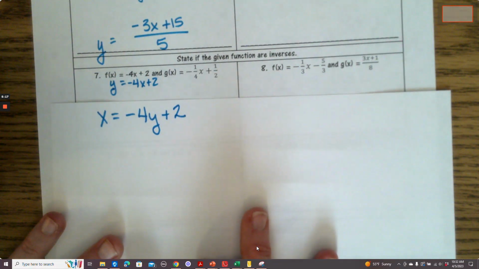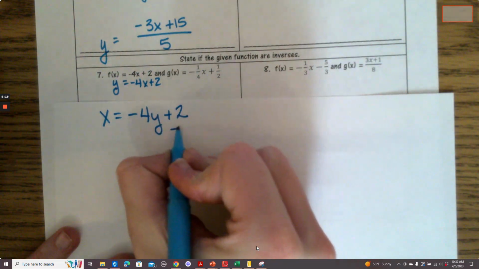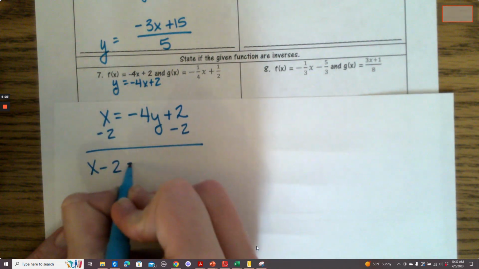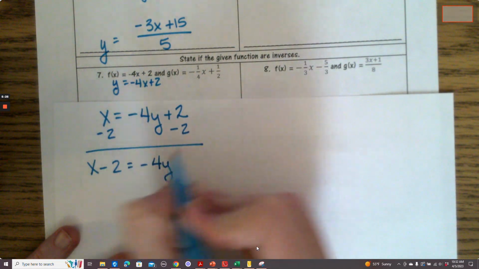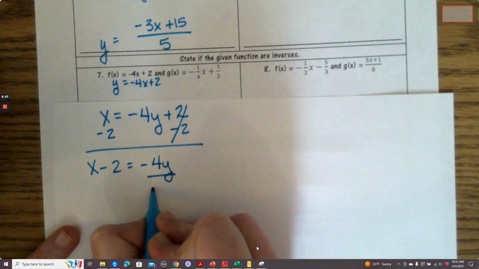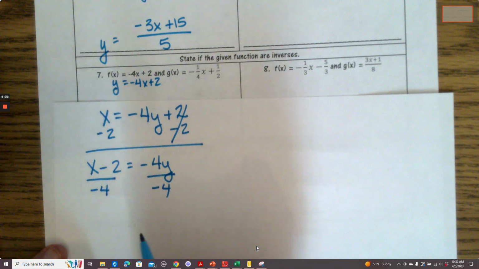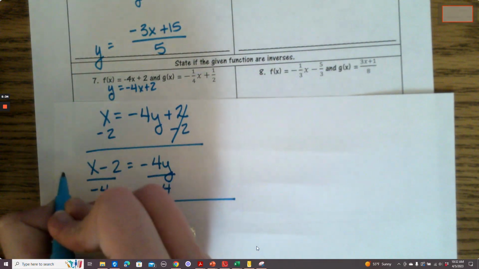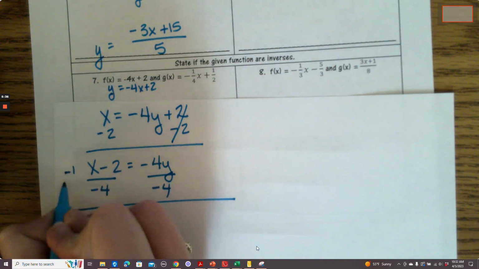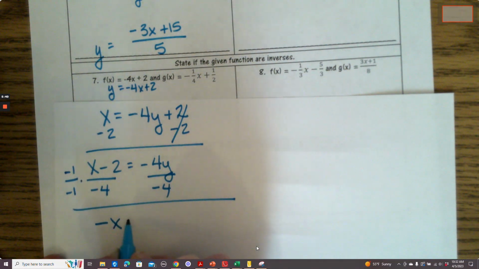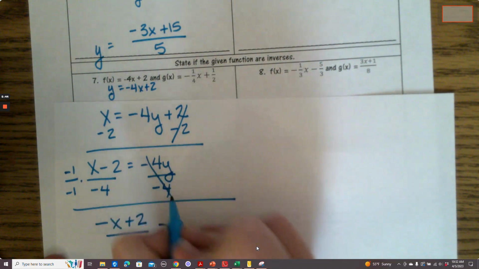All right, what do I do? Subtract 2. So x minus 2 equals negative 4y. Divide by negative 4. So to get that negative off the bottom, multiply the top and the bottom by negative 1. So negative x plus 2 over 4 equals y.